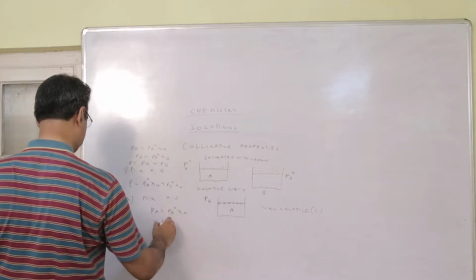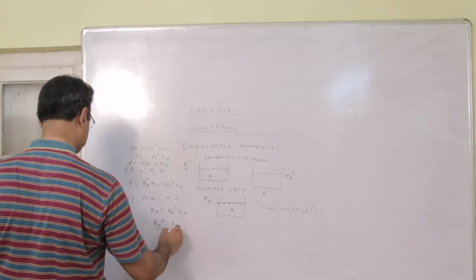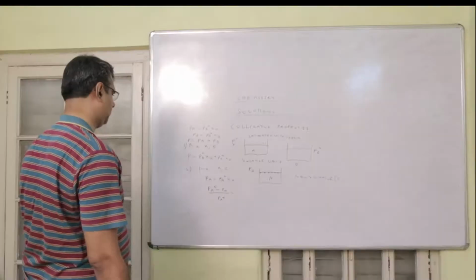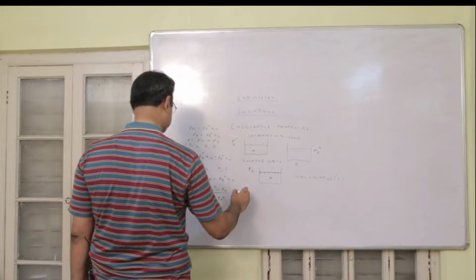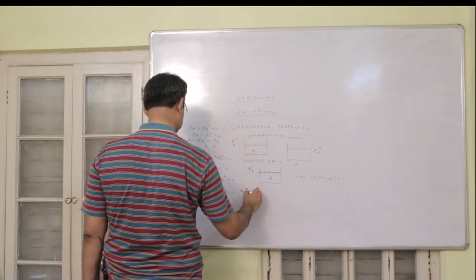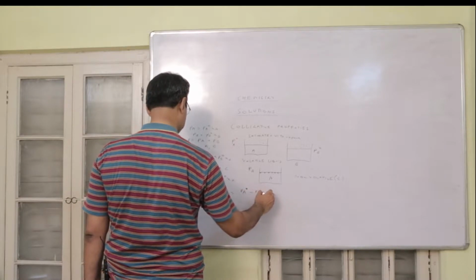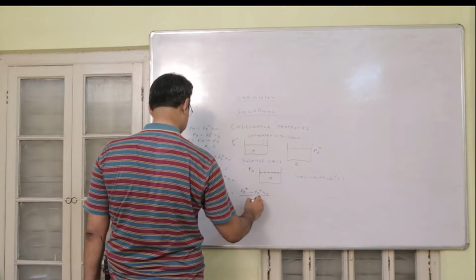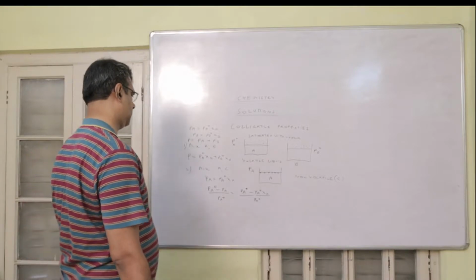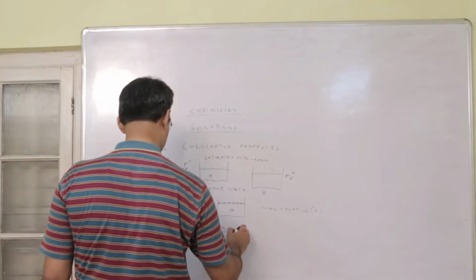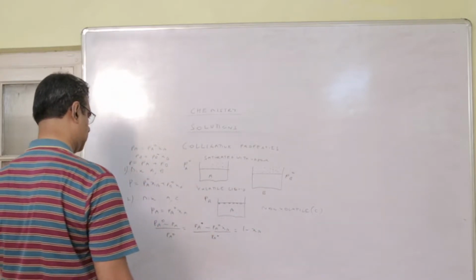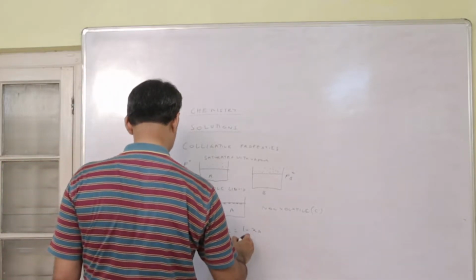Now suppose we want to do one calculation like this: PA naught minus PA by PA naught. So it is coming PA naught minus PA naught into XA by PA naught. So that is coming 1 minus XA.